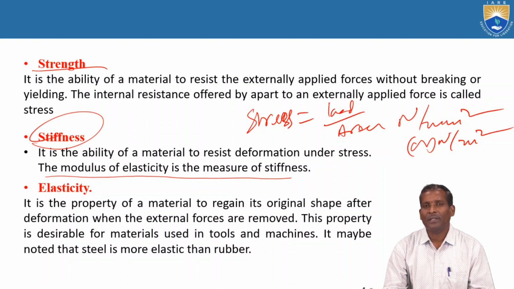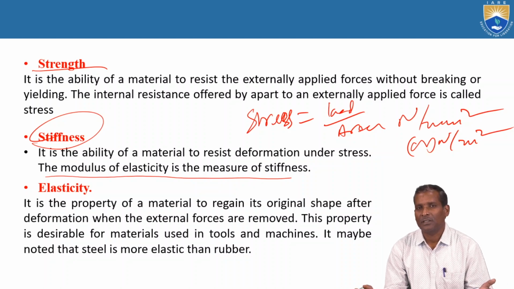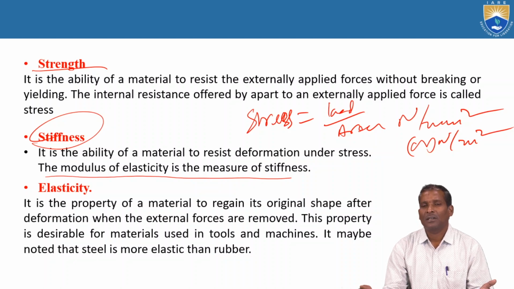It is the load for unit deflection. So the ability of a material to resist deformation, without giving any deviation in diameter-wise or lengthwise, then only the material is said to have stiffness.